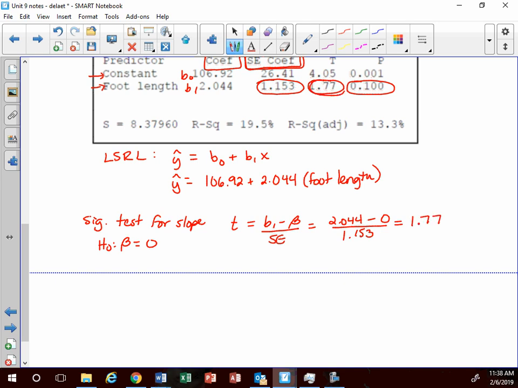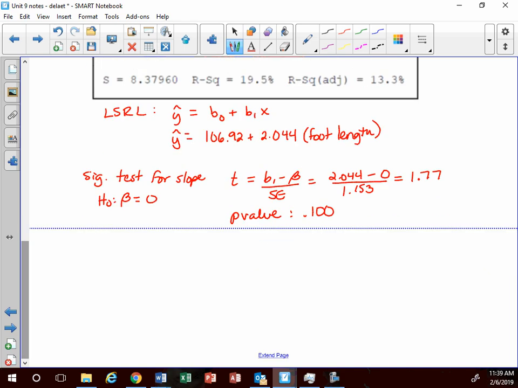Yeah, okay. So it's there. I'm not making it up, I promise. It works with the formula. So that's how you get your test statistic. Then our p-value, you could use your calculator to find this, but it's given to you as 0.100. So you could base your conclusion on rejecting or failing to reject, depending on what your alpha level was from that.